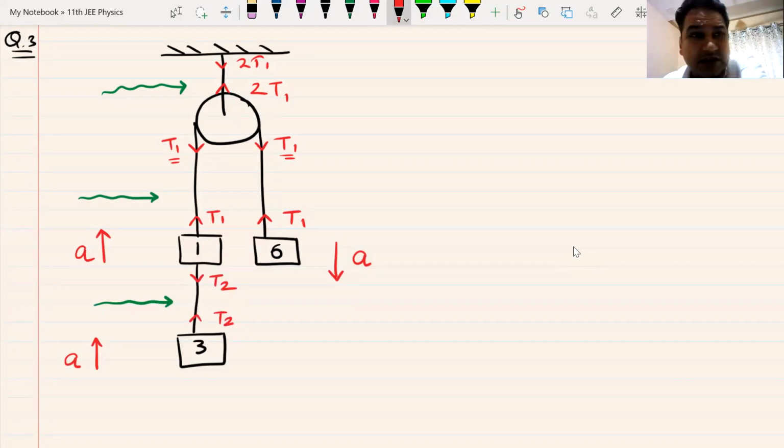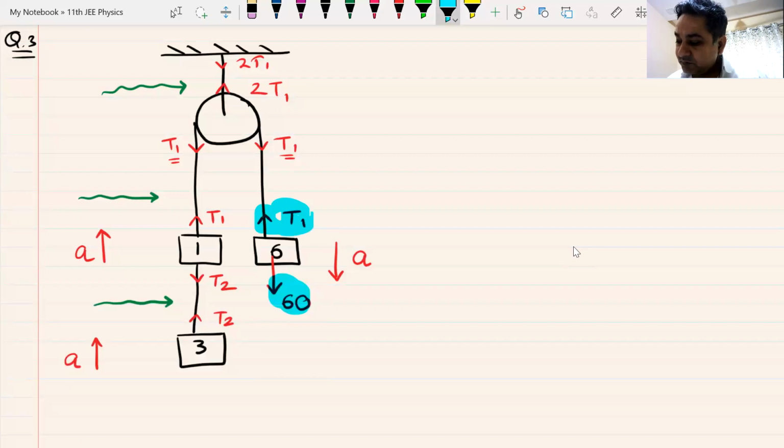Let me now start with the rightmost block. The only other force acting on this block is 6g, mg downwards. As soon as I draw the free body diagram, I must be able to write the equation for this block. 60 downwards, T1 upwards, and it is moving downwards. Can anyone tell me what will be the equation for this block?